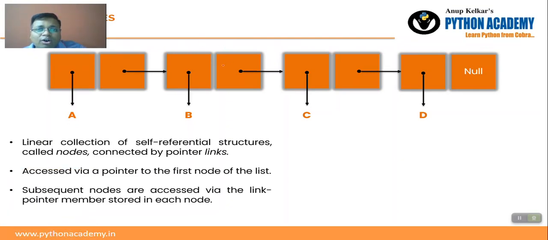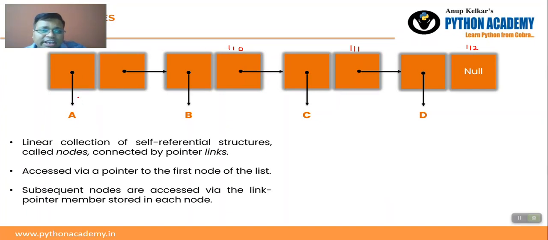Suppose the ID of this node is 110, the ID or address of this node is 111, and the ID of this node is 112.